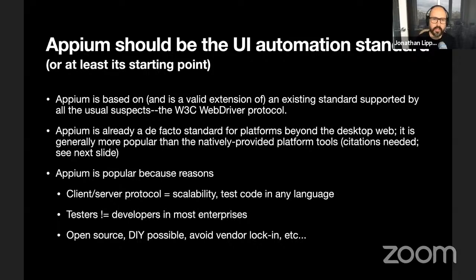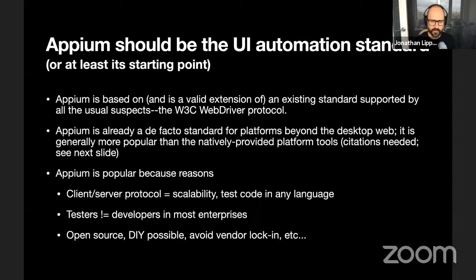So I think, having worked on the Appium project for 9 years now, that Appium is actually a good candidate for a starting draft of what that UI automation standard could be. The biggest reason is that it actually is already standards based. The primary work here is being done by the W3C WebDriver standard, which already exists. Appium decided to simply extend that existing protocol.